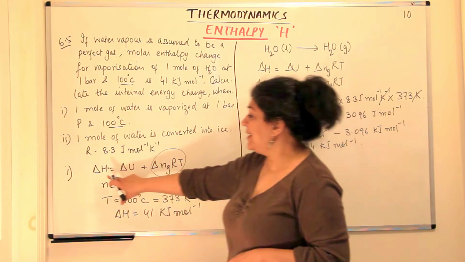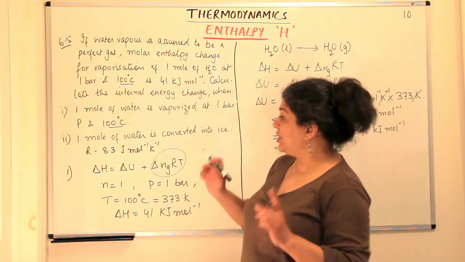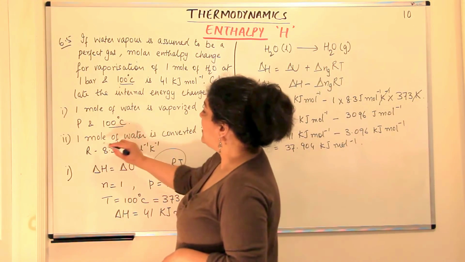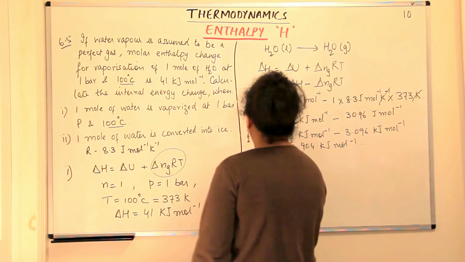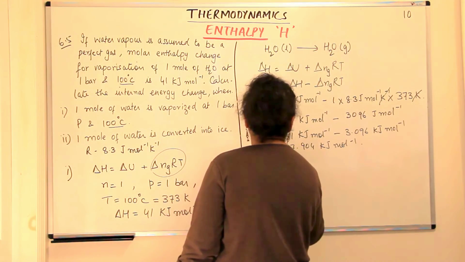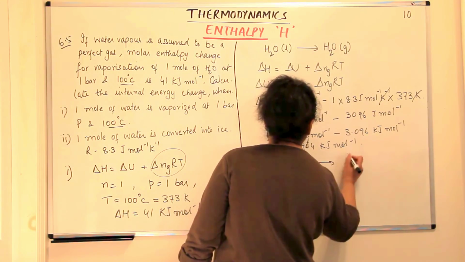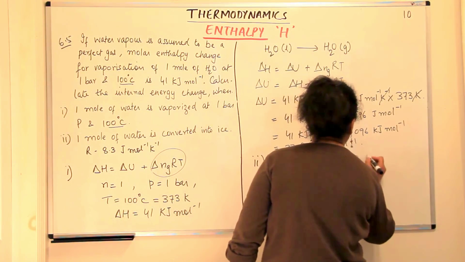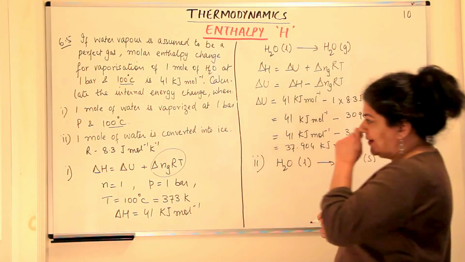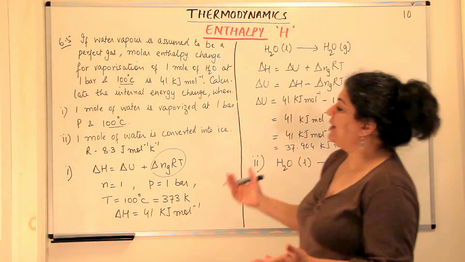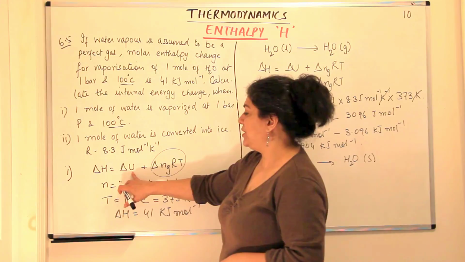You remember? And delta H would be equal to delta U. So when he says that 1 mole of water, that is a liquid, is getting converted into ice, solid, then he says you have to find out the change in internal energy.